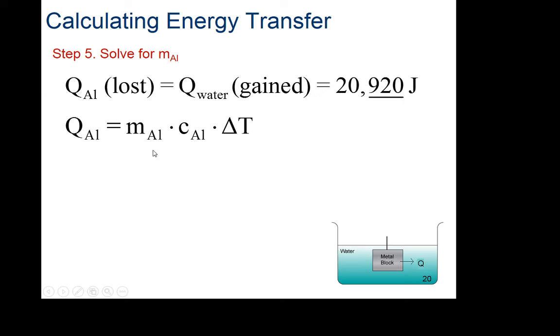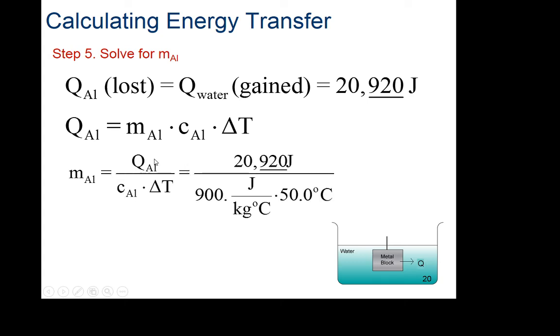All we have left is our unknown, which is the mass of the aluminum block. If we rearrange the equation for the mass of the aluminum block and plug in everything that we know, the block has to weigh 0.46 kilograms, or 460 grams.